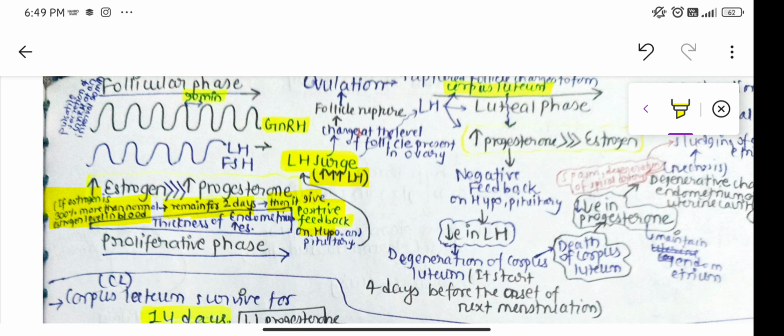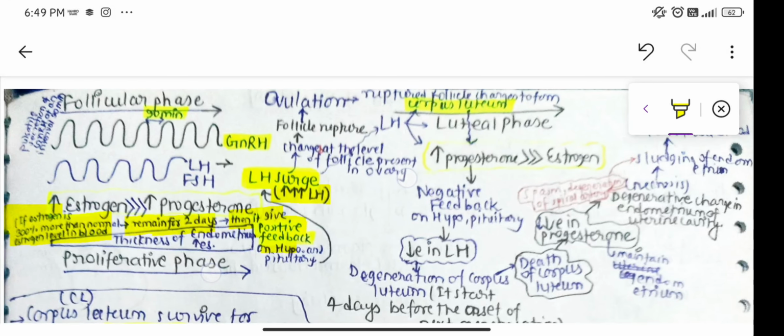That LH surge will cause changes at the level of the follicle present in the ovary. There is a swelling of the granulosa cells surrounding the secondary oocyte, and the follicle will rupture.